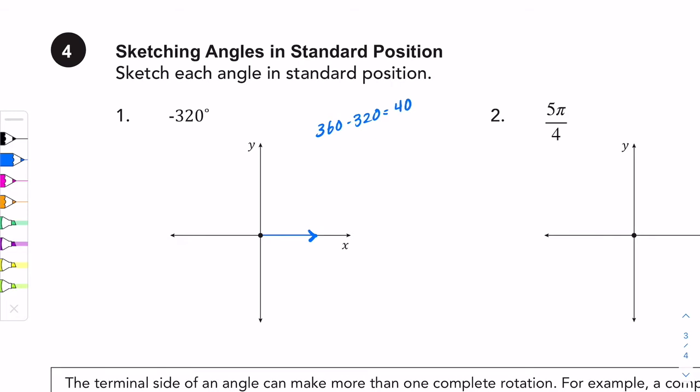So I'm going all the way around in the negative direction, and it's just a sketch, so come about 40 degrees away from 360, and indicate that this is your angle of negative 320. It's also a good idea to mark your reference angle, so I'm just going to mark that at 40 degrees. Marking the reference angle just indicates that you know exactly what you're doing and exactly where your angle lies.